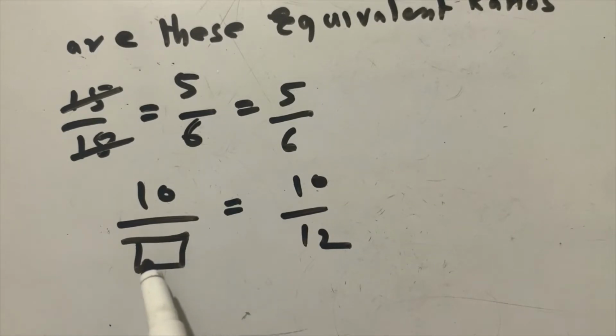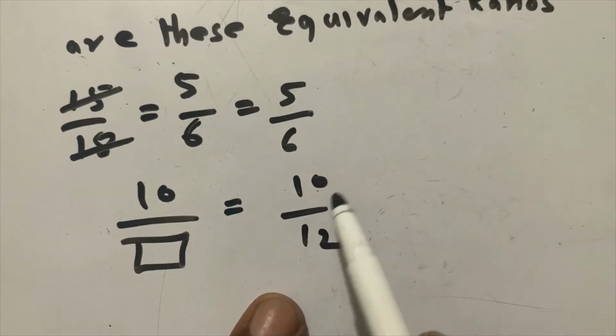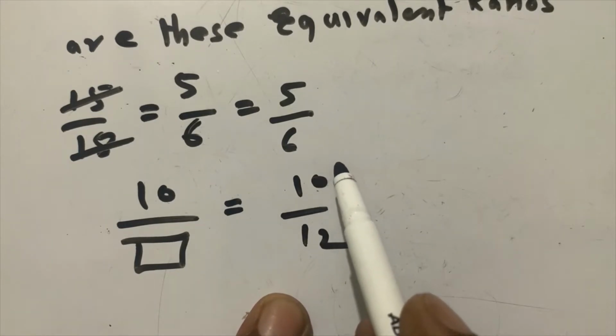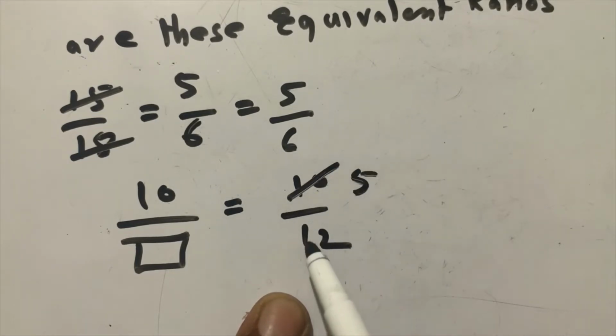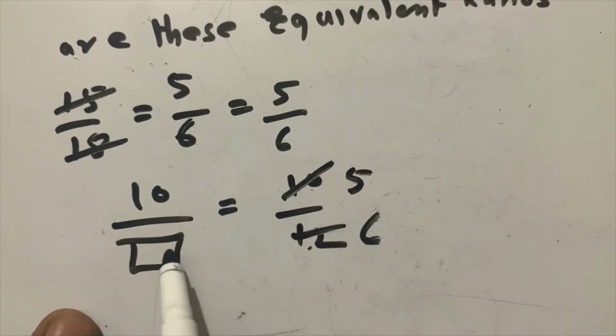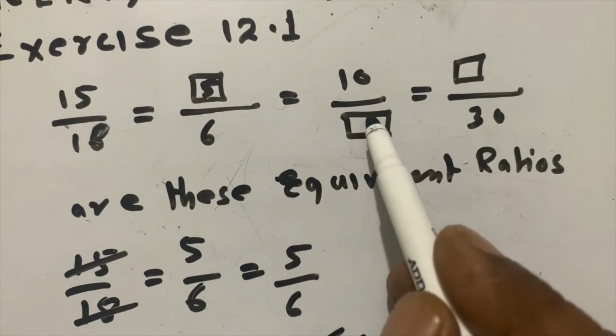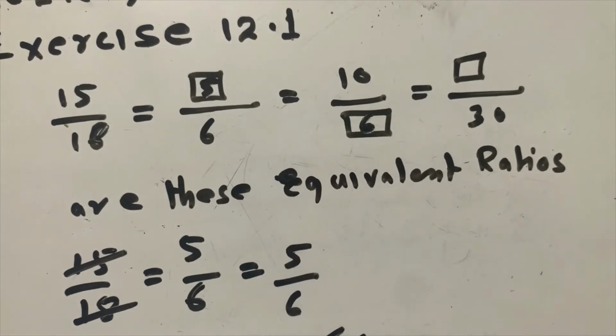What would be the value of this? If we take 10 upon 12 and read the table of 2, 2 5s are 10, 2 6s are 12. Here we get the answer 6. Yes, 6. Okay.